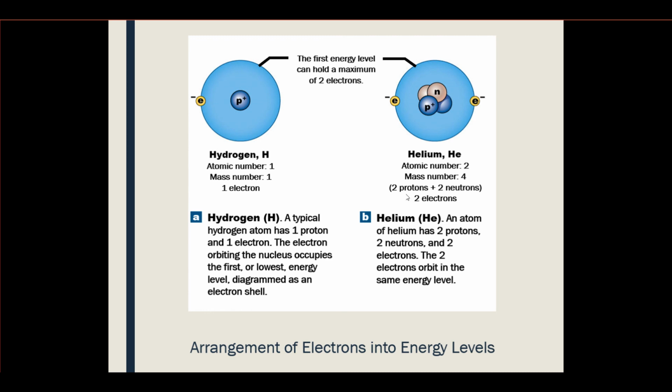We take the mass and subtract the protons, and that will tell us the neutrons. So you can see 2 protons, 2 neutrons. Now watch this. The first energy level has 2 electrons in it. This one is now full. We couldn't put any more electrons in this energy level because we said before it only holds 2 maximum of electrons.